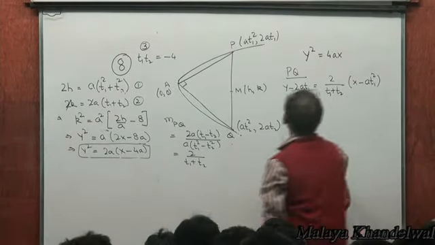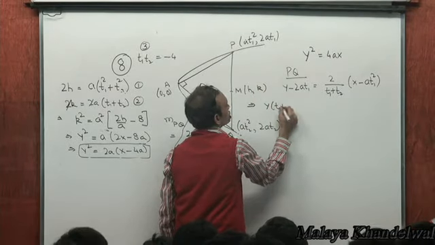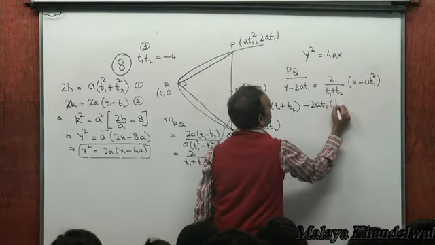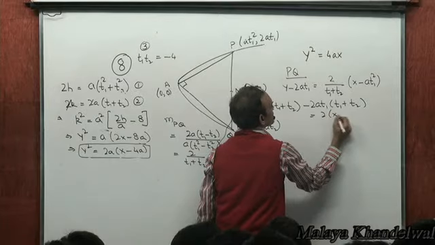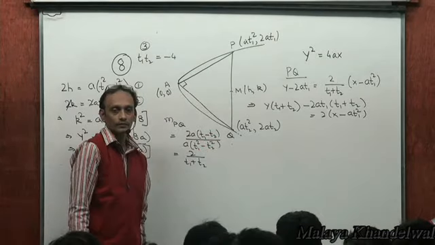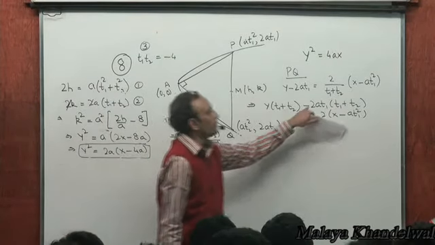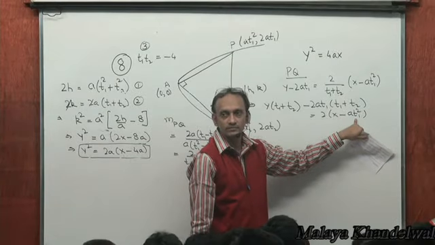right? Or y into t1 plus t2 minus 2a t1 into t1 plus t2 is 2 into x minus a t1 squared, right? Minus 2a t1 squared, minus 2a t1 squared would get cancelled from both sides.